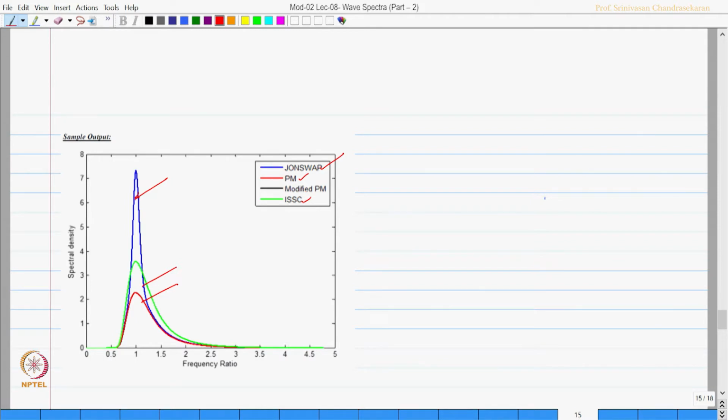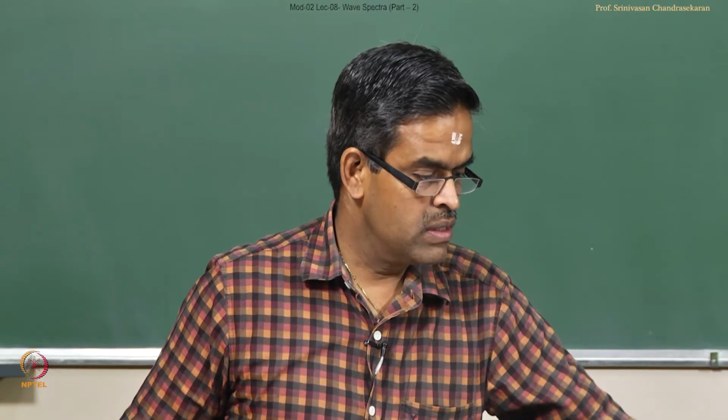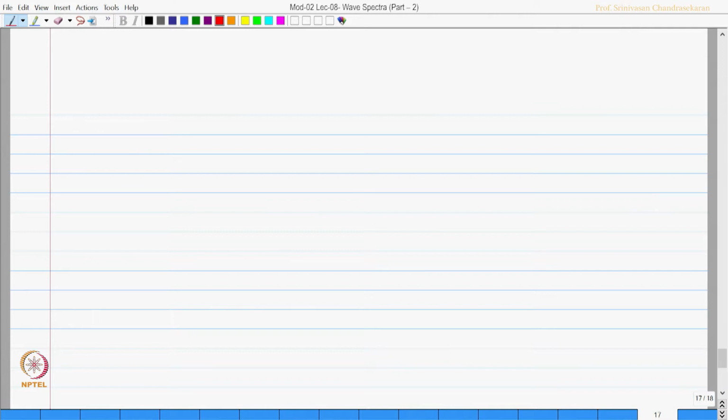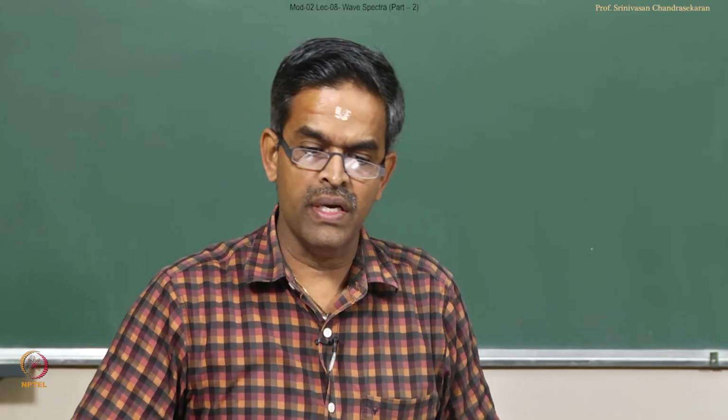You will see Jonswap spectrum has a very narrow band concentrated at the specific frequency ratio, but the spectral density of modified PM spectrum is much larger compared to that of ISSC and Jonswap. So, friends, one can use any of these spectra to estimate the wave forces in a given system. So, we will take up an example and see how a wave force can be computed in a given system.